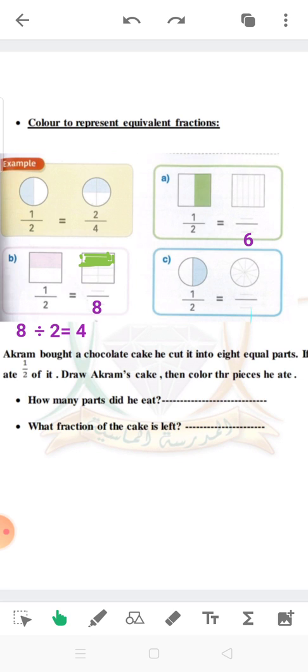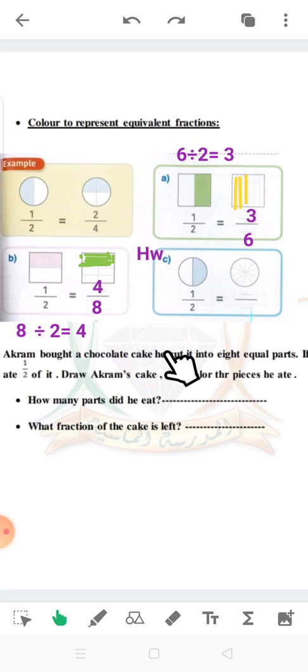How do we get it? 6 divided by 2. Okay, sorry, I forgot to write 4/8 here. Okay, so 3/6. I'm gonna color 3 parts. Okay, the last one is homework for you.